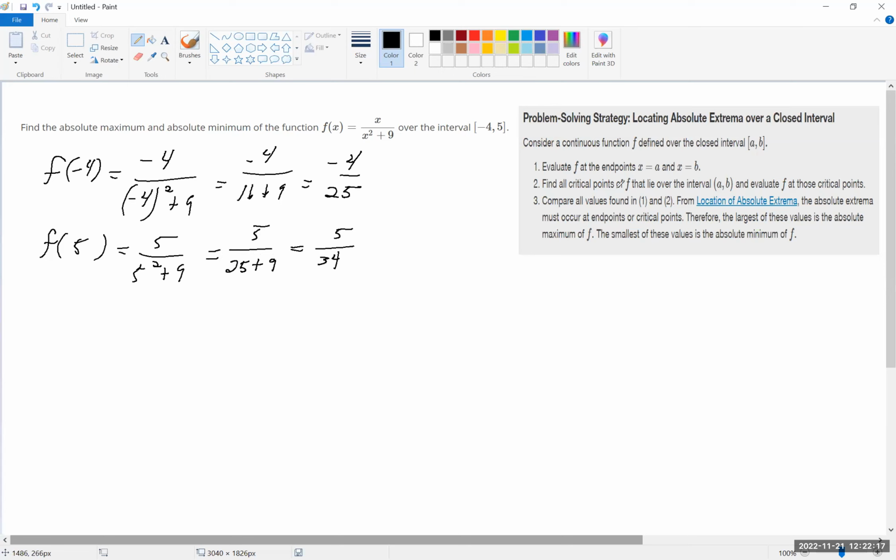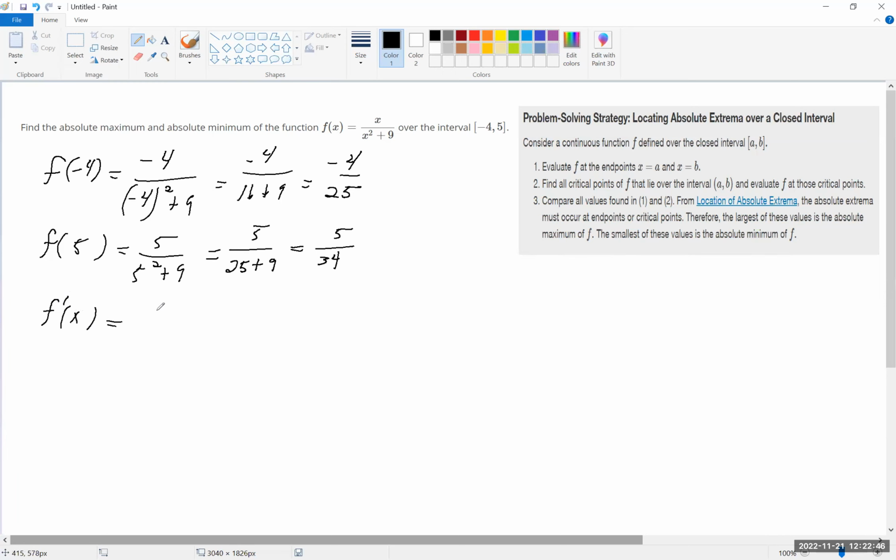Then it says find all critical points of f that lie over the interval a, b, and evaluate f at those critical points. So I need to determine when this function's derivative is either undefined or 0. So we need to find the derivative first.